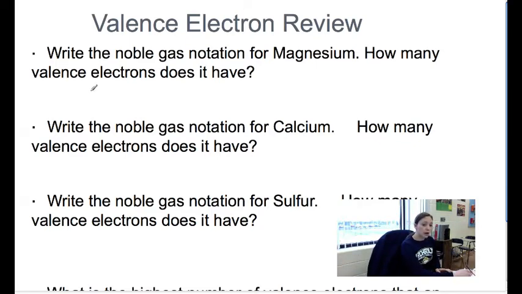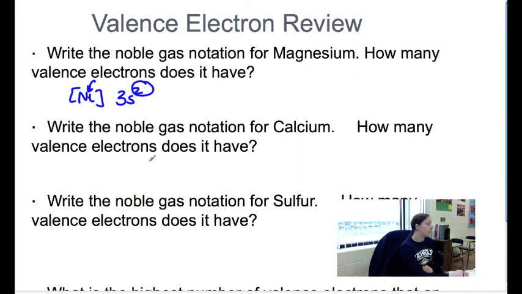If I was going to write it out, magnesium is number 12, so I would put neon in brackets, and I would go 3s2. So how many valence electrons does magnesium have? 2. And remember, these are the core electrons that do not want to be lost. They are part of a stable configuration. These two are very easily lost because magnesium would like to have a noble gas notation.